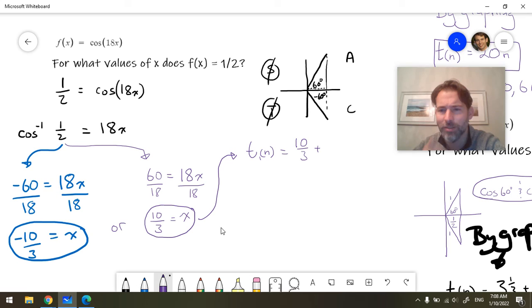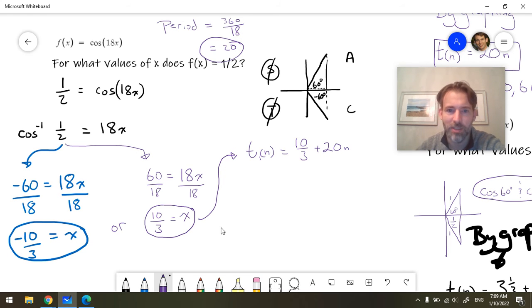I remember that period is equal to 360 divided by k. Well, that's equal to 20. So I could say t of n is equal to the first term, which we found there, plus the period multiplied by n. I could use n minus 1 too, it's fine. It would be the same.